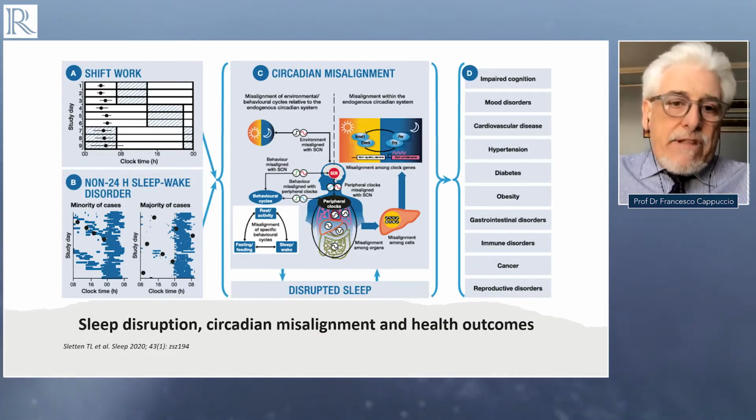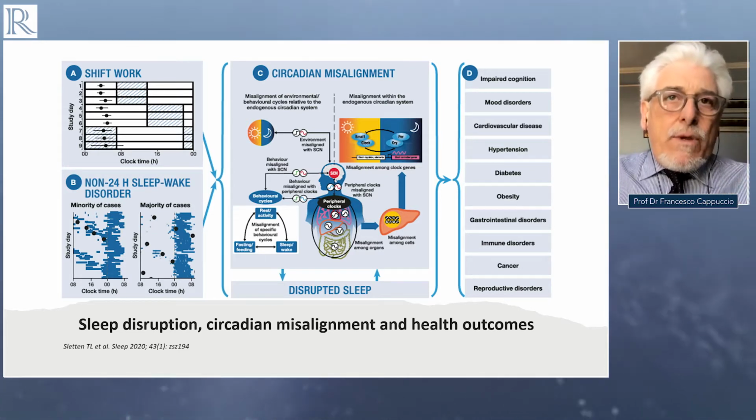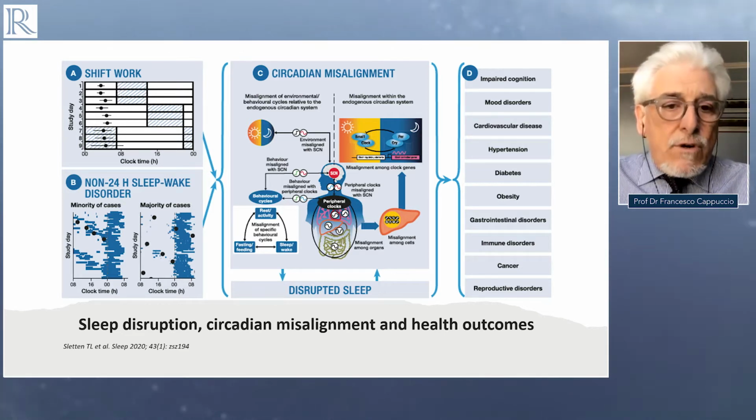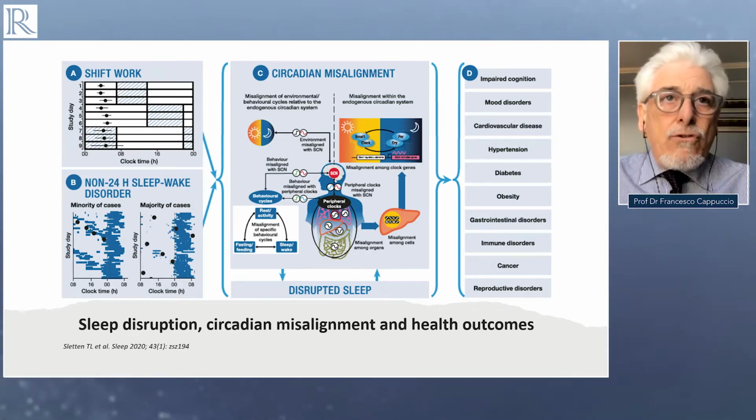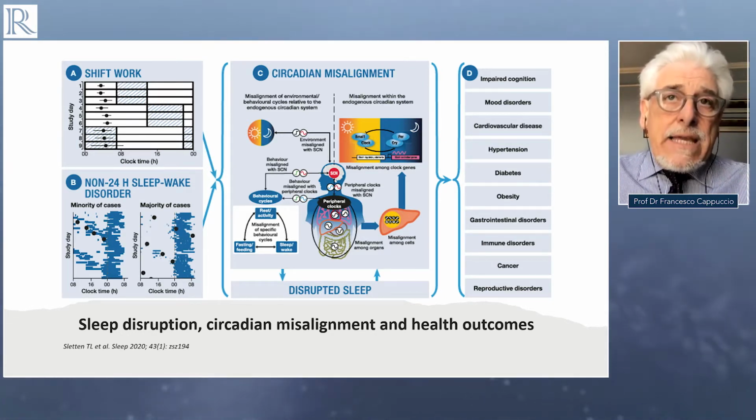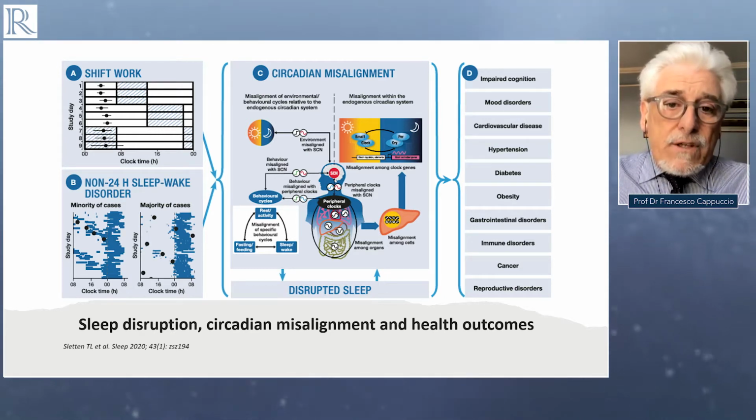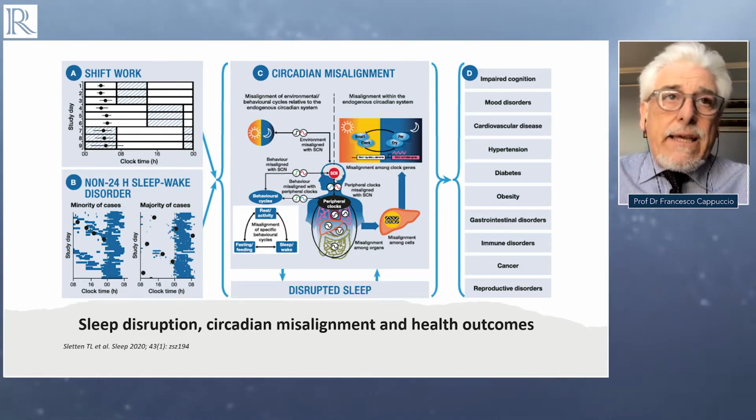A desynchrony or misalignment between the biological clock and the circadian rhythms, which very often happens in shift workers or in other non-24-hour disorders, if sustained over a long period of time, leads to a variety of health problems. You can see them listed on the right-hand side here.